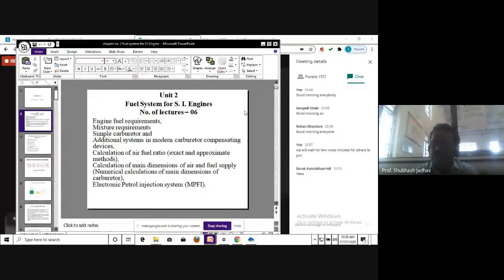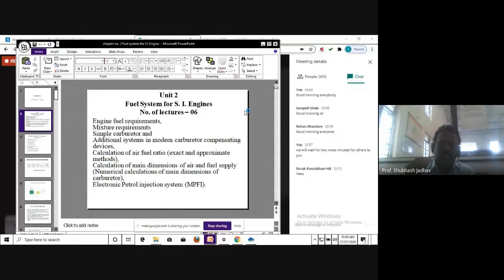It has to comply with certain requirements of the engine, because when the engine is moving on a straight road, no problem, we have some amount of fuel requirement. But when the same vehicle is climbing a hill, the power requirement is going to increase, and therefore the fuel requirement is going to be higher, and correspondingly the mixture requirement has to change.